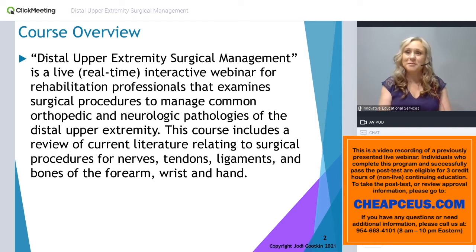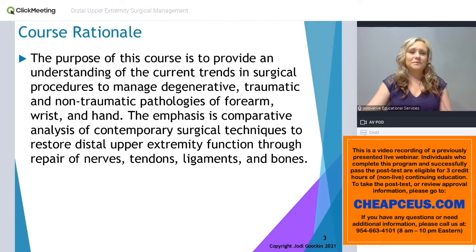They're really doing some amazing procedures. So we will take a look at those and consider our treatment considerations so that you are able to appropriately follow the physician's protocol. The rationale is to give us a better understanding of both the traumatic and non-traumatic pathologies and how they're managed surgically.